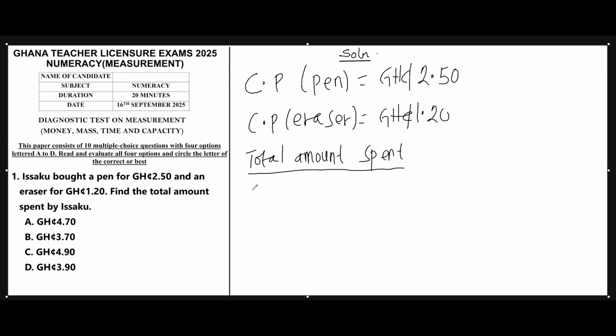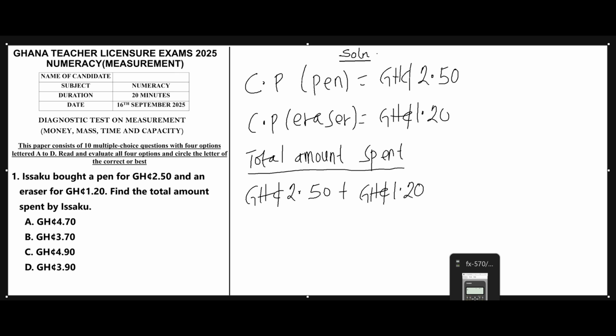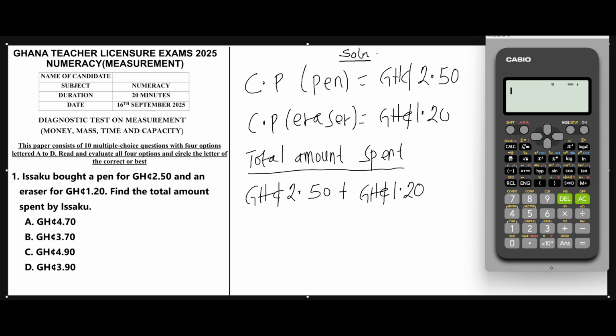So sum means addition. Sum goes with addition. So we have the cost of a pen, 2 Ghana cedis 50 pesos, plus the cost of an eraser, which is 1 Ghana cedi 20 pesos. During the main exams, we know that calculators are allowed. So let's enter this information on the calculator and see our final result. 2 Ghana cedi 50 pesos plus 1 Ghana cedi 20 pesos.